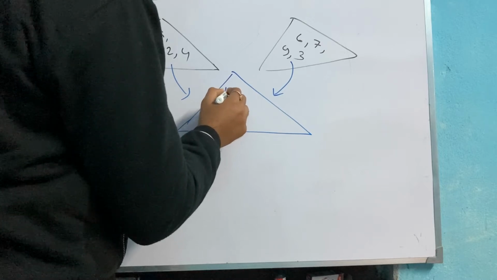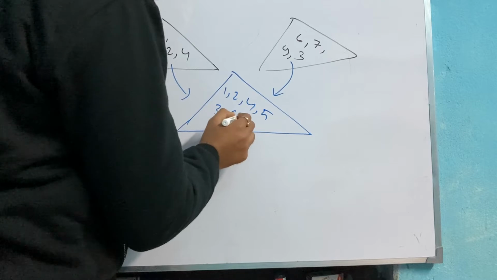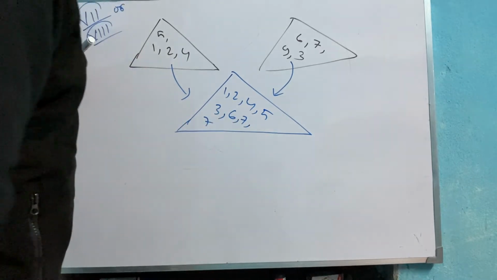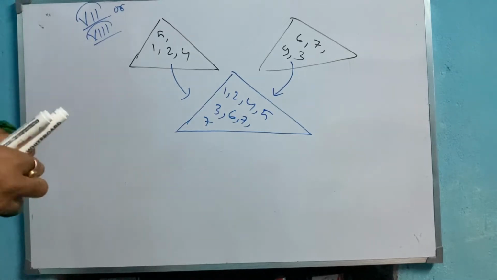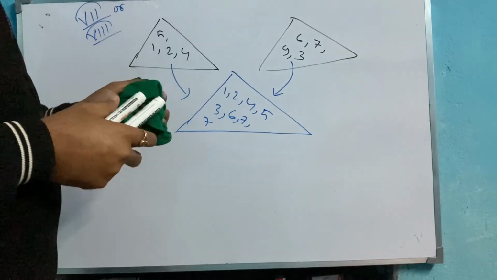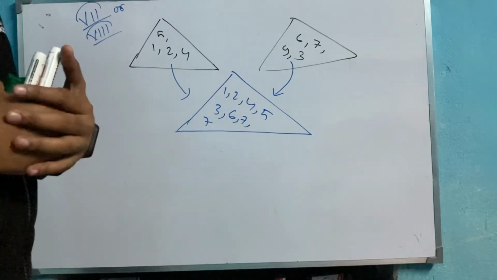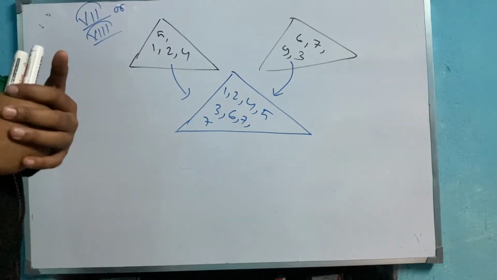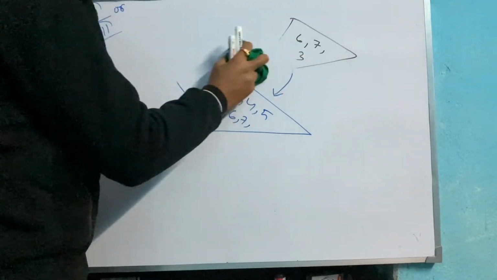Then here will be 1, 2, 4, 5, 3, 6, 9, 7. Now if you don't know the shape of these numbers, then A and B are mixed well.